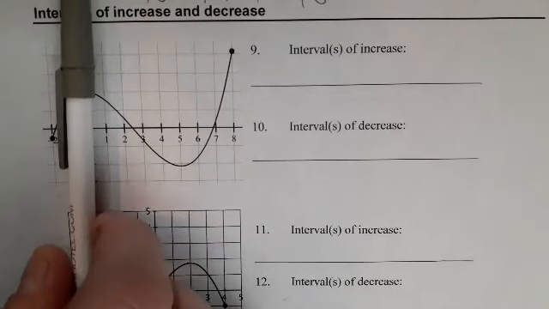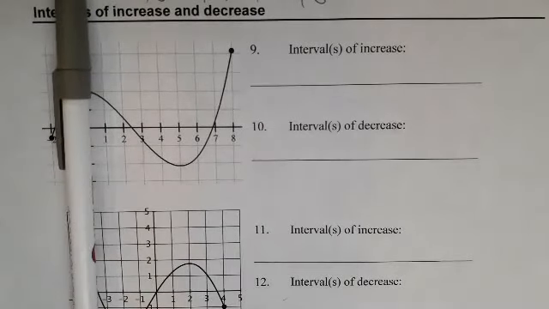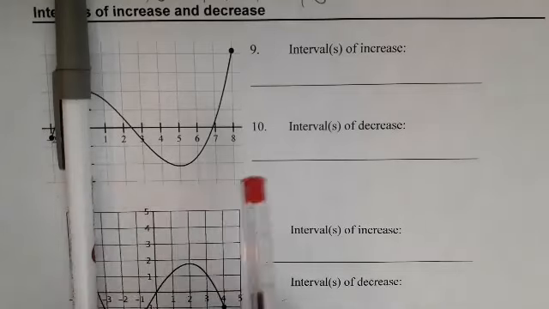We want the domain of where this thing goes up and the domain of where it goes down. This goes back to the domain and looking at intervals, picking out the numbers from your x-axis for your domain.